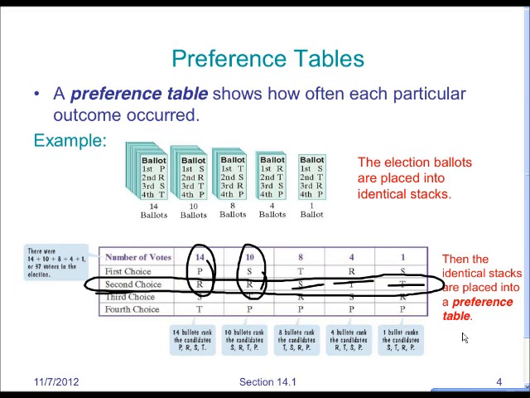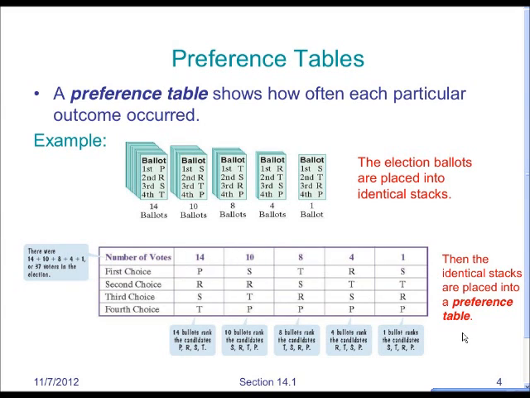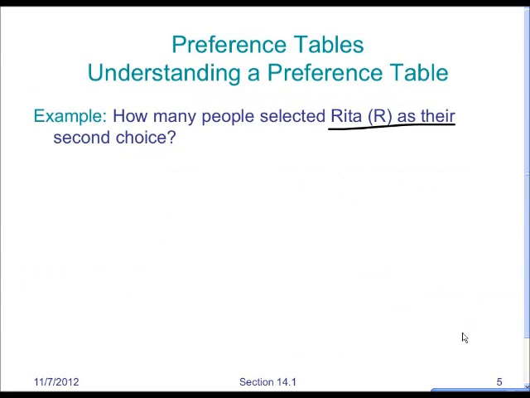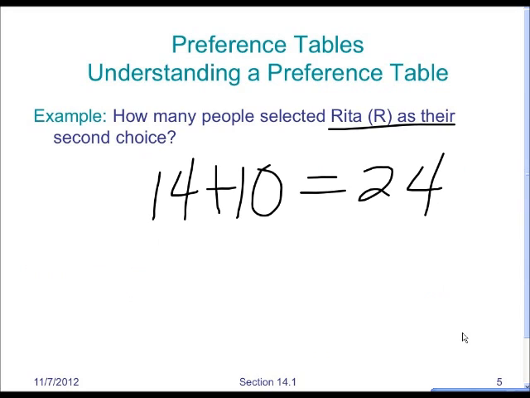So between the 14 here and the 10 here, second choice for Rita was the 14 plus another 10. 24 people wanted Rita as their second choice.